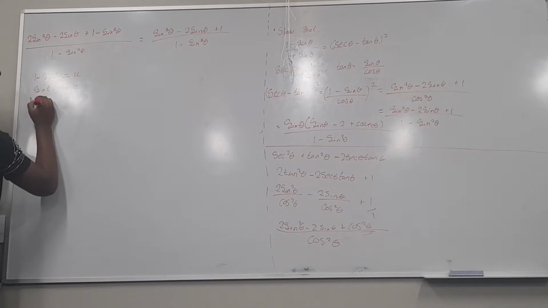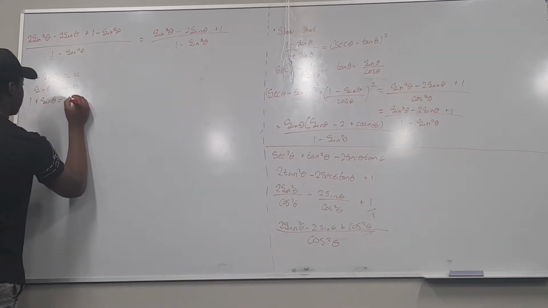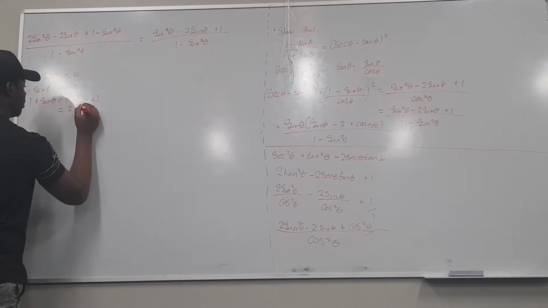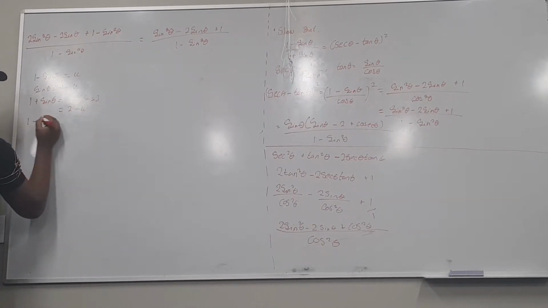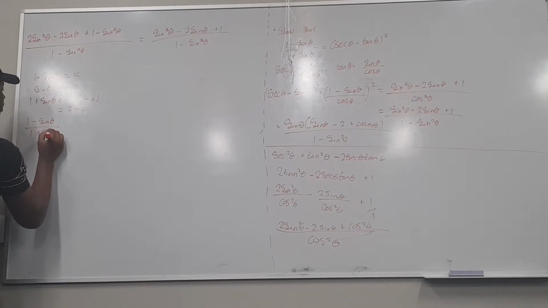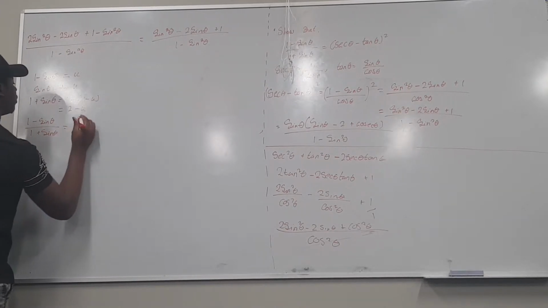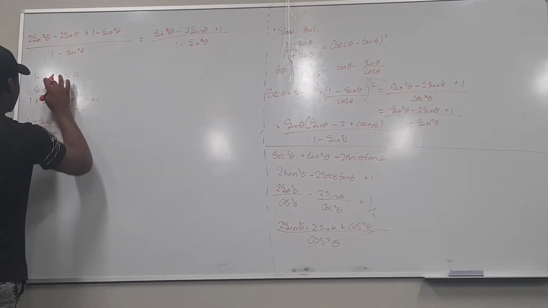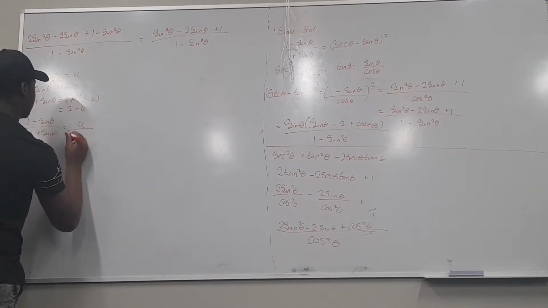Hence, 1 plus sine theta is equal to 1 plus 1 minus u, and that's equal to 2 minus u. So 1 minus sine theta divided by 1 plus sine theta is equal to u divided by 2 minus u.